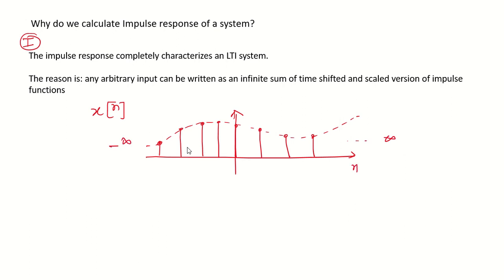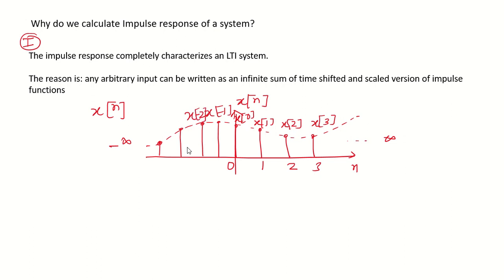This is x, this is n, this is x of n, and this is n equal to 0, this is n equal to 1, 2, 3. The magnitude at 3 is x of 3, at 2 is x of 2, and so on: x of 1, x of 0, x of minus 1, x of minus 2, and so on.